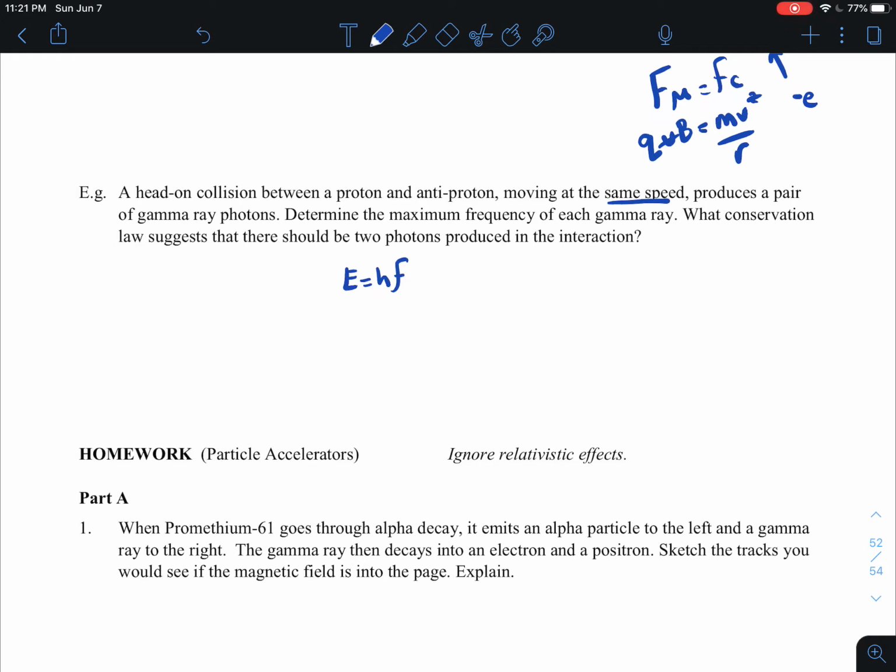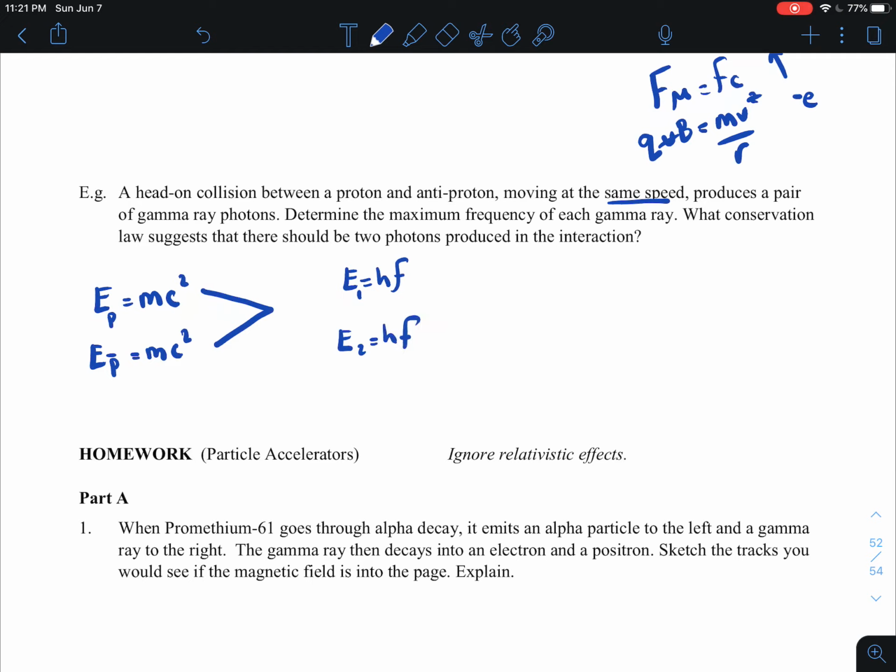But if a proton took all of its energy, and I'm going to say mass energy, in other words mc squared for a proton, and then an antiproton, mc squared, all of this energy, along with kinetic energy, would be used to produce these two photons. E is equal to hf, that's the energy of photon 1, and then also hf, photon number 2.